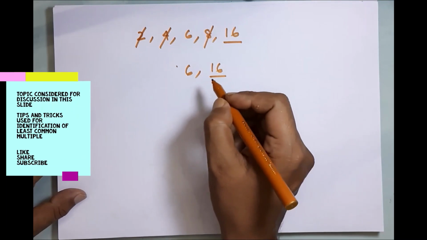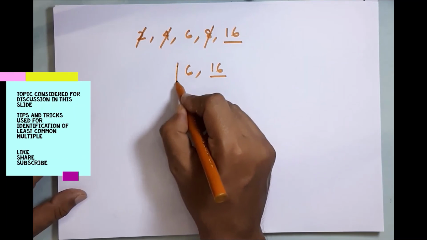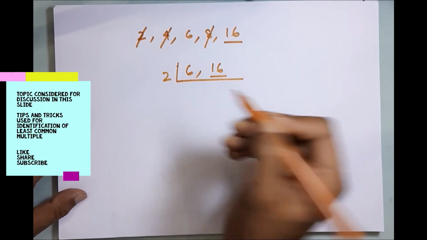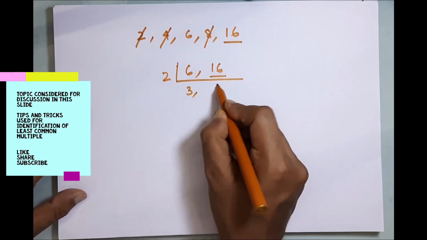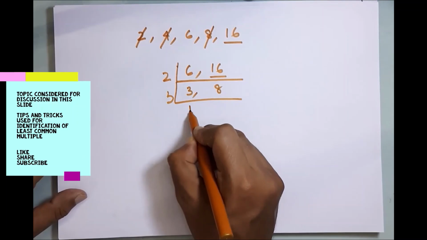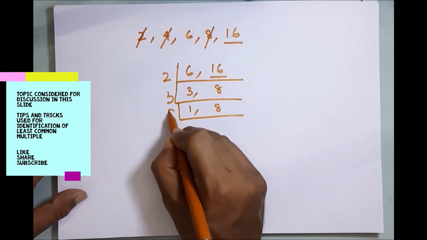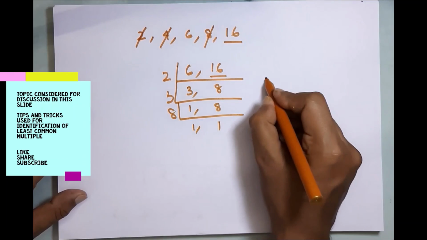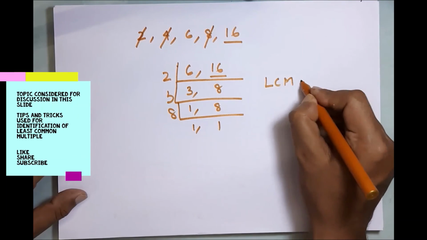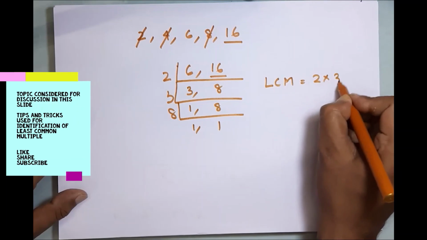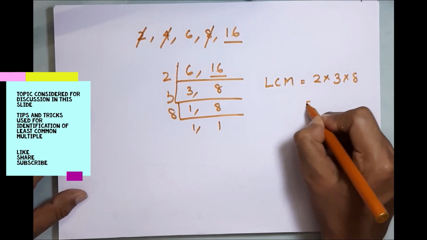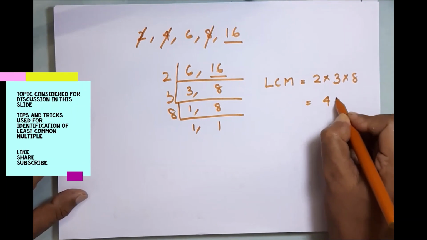For this type of problem, for the remaining numbers you simply do an LCM. So 2, 3 and 8, and 3, 1 and 8, and 8, 1 and 1. So the LCM of all these numbers will be 2 into 3 into 8. The answer will be 48.